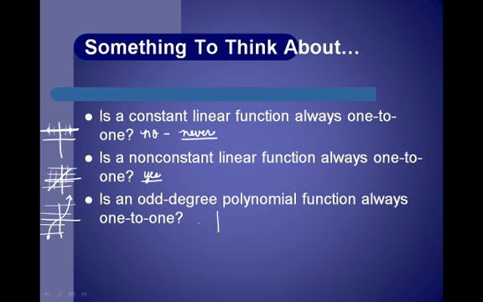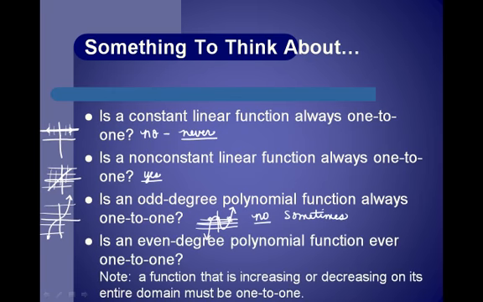But remember, you can have a third degree polynomial function that looks like this. There can be at most 2 turning points. Therefore, there is probably going to be somewhere in that graph that you're going to intersect the graph in more than one place. So an odd degree polynomial function is not always one-to-one. Sometimes it is, but not all the time.